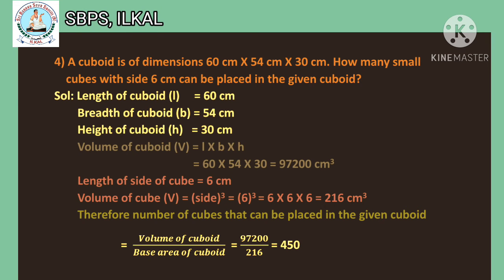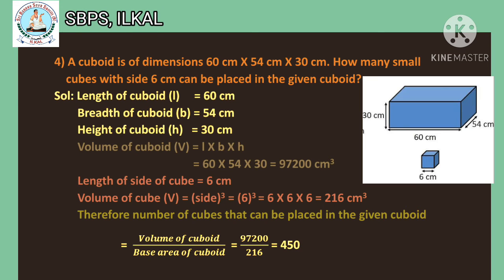Fourth question, a cuboid is of dimensions 60 centimeter into 54 centimeter into 30 centimeter. How many small cubes with side 6 centimeter can be placed in the given cuboid? Solution, length of cuboid is equal to 60 centimeter, breadth of cuboid is equal to 54 centimeter and height of cuboid is equal to 30 centimeter they give.